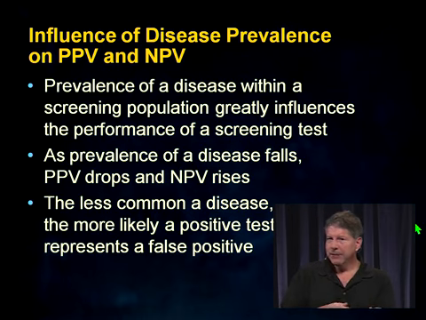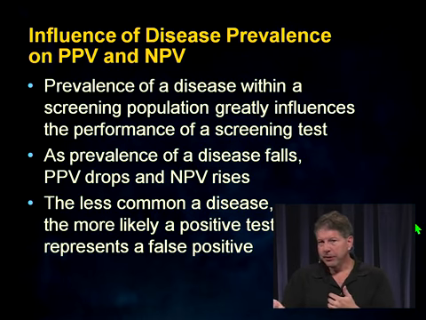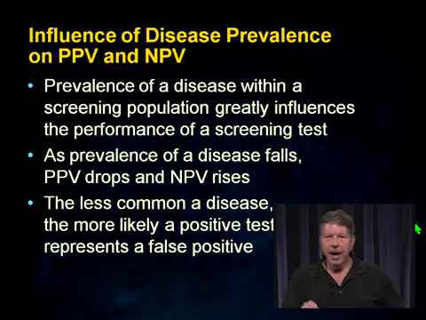A false positive or a true positive? False. Okay. And so the positive predictive value of that test in a very low prevalence disease is going to be very low. So if you've got a low prevalence disease, your positive predictive value is not going to be very good.